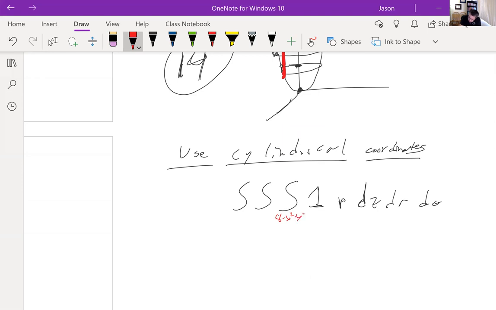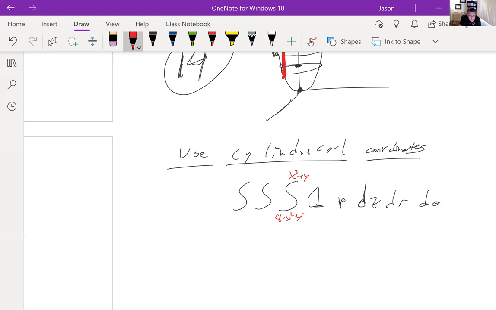Now, what's the top function? The top function is Z equals x squared plus y squared. Is that right? Okay, bottom to top.